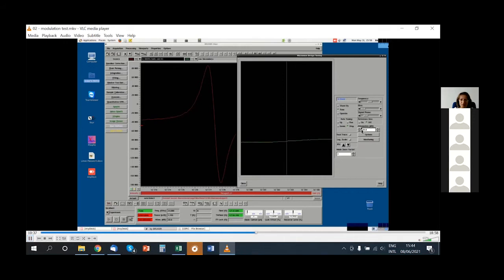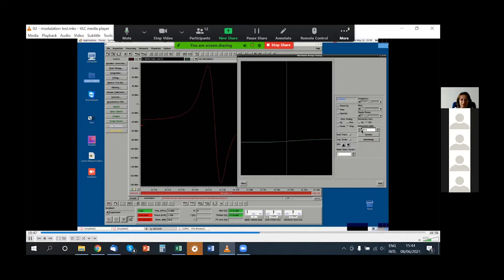Now you have seen the frequency was shifted, and I'm adjusting again the same tuning procedure, and you will see which is the Q factor of the empty cavity.